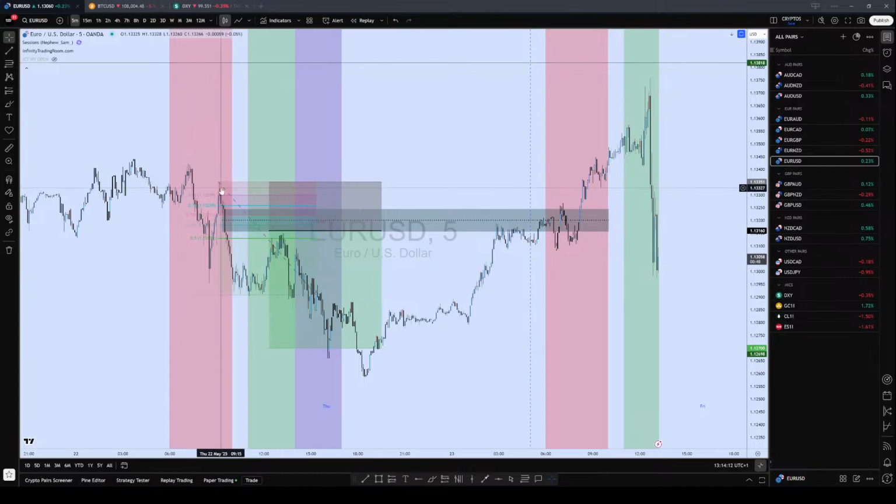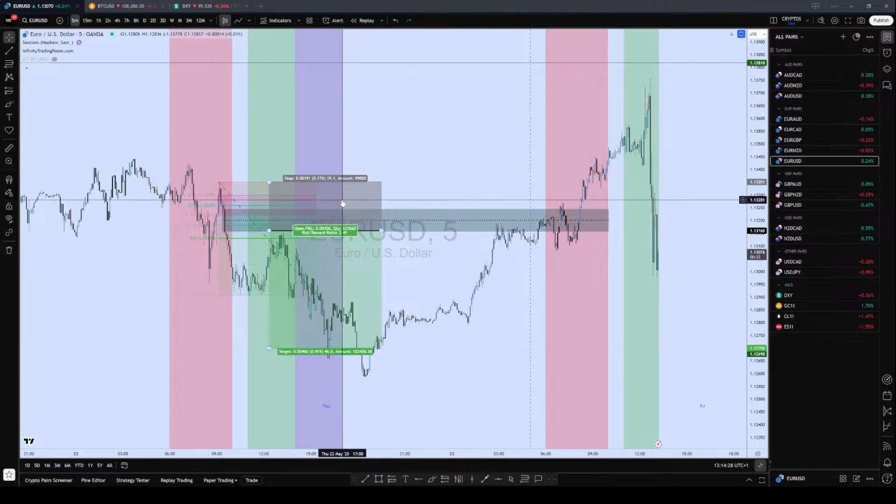There's going to be a move every single day between 8 and 10. Then there's also going to be another move between 2 and 5. I'm repeating it again. There's going to be a move between 8 and 10, and another move between 2 and 5.